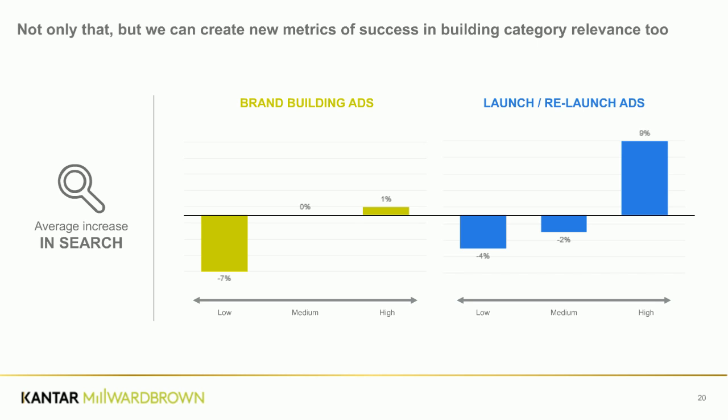So we become able to start using these search metrics as not only an indicator of the creative quality and cutting through, but the creative quality in terms of building relevant associations and interest in the brand.